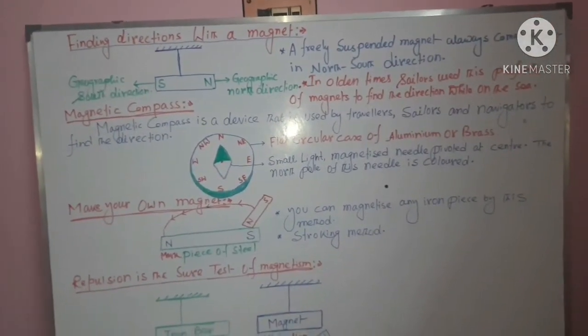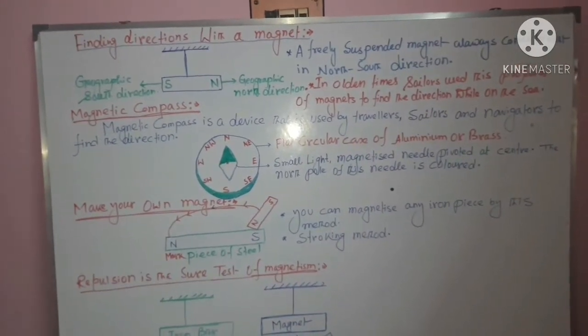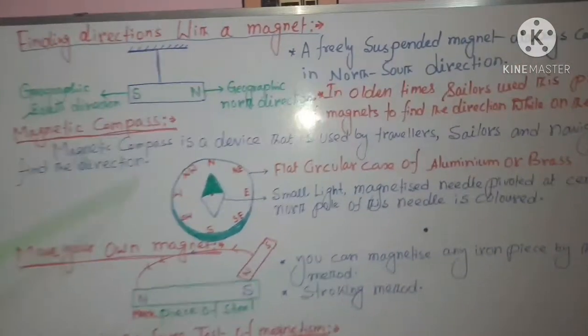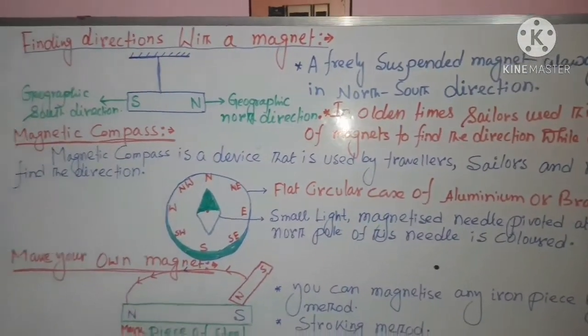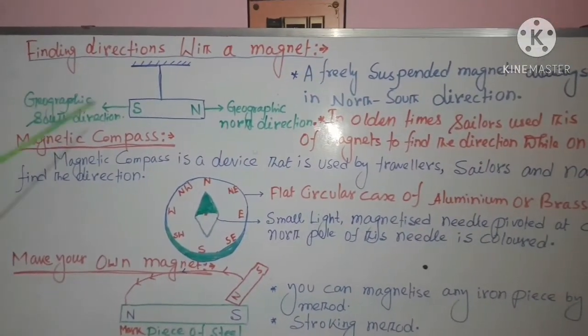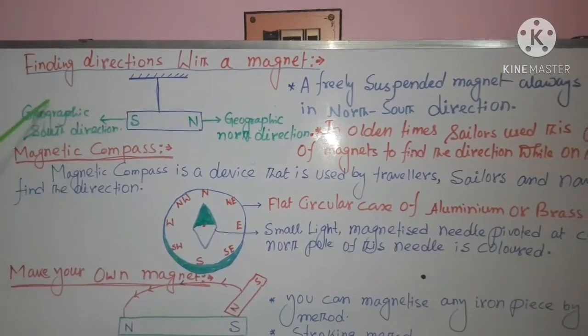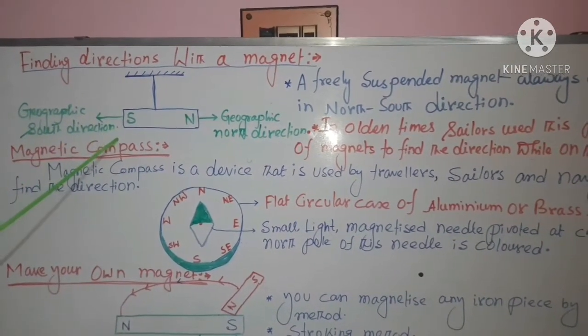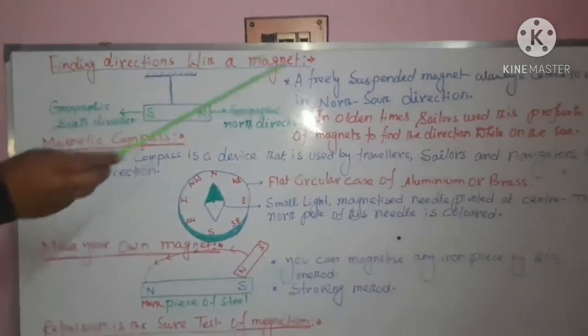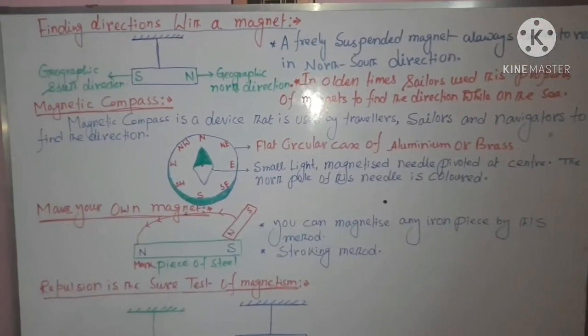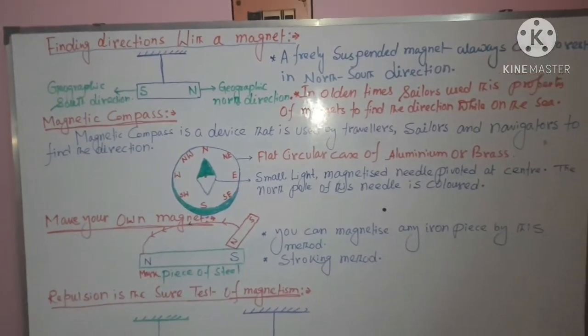The north end of the magnet points along the geographic north direction. The south end of the magnet points along the geographic south direction.